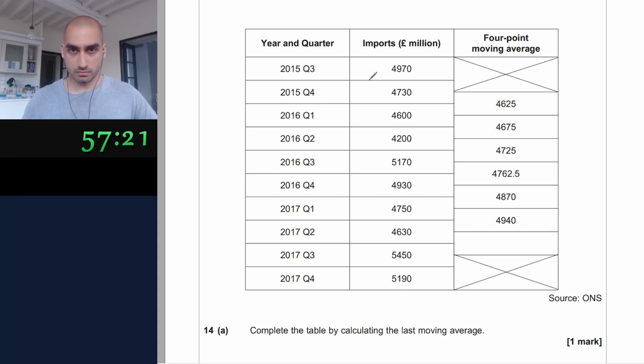So the moving average is these four, right? So this one will be these four.